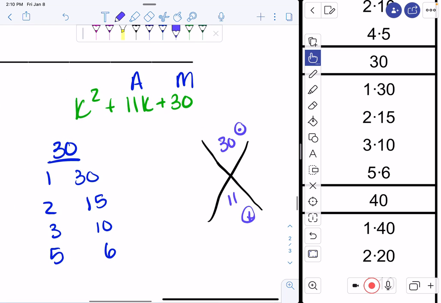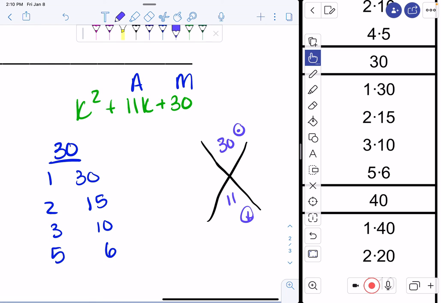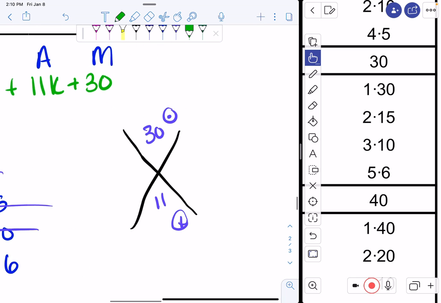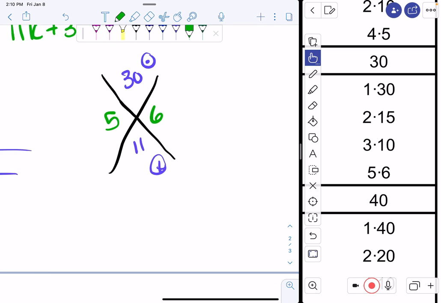1 times 30 is 30, that works, but 1 plus 30 is not 11. 2 times 15 is 30, but 2 plus 15, not 11. 3 times 10 is 30, but 3 plus 10, not 11. 5 times 6 is 30. 5 plus 6 is 11. So that works.